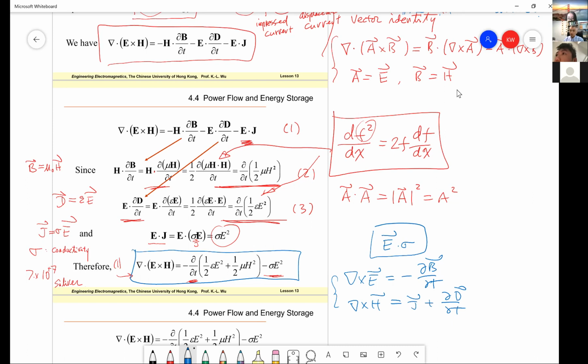Or you say we have two field quantities, E and H, and at any point in space, as long as they satisfy this relation, these two variables, E and H, one is called the electrical field, one is called the magnetic field. I emphasize this relation is true at every point around you.